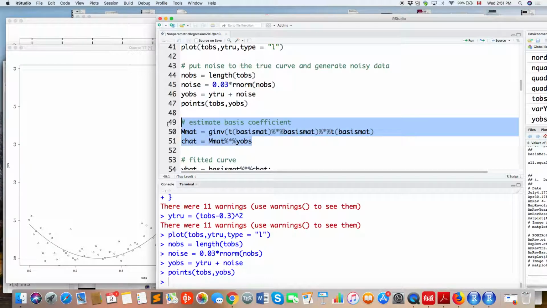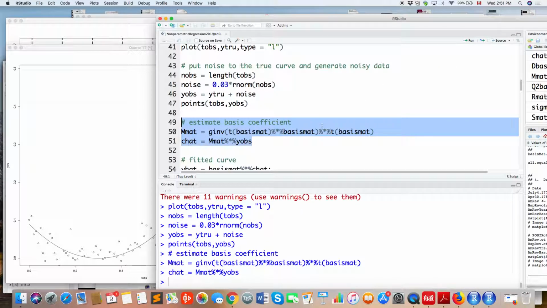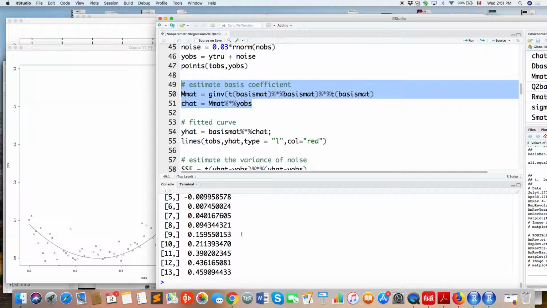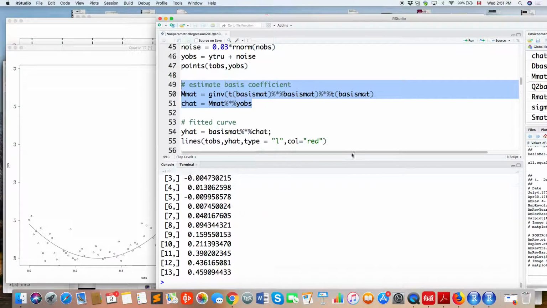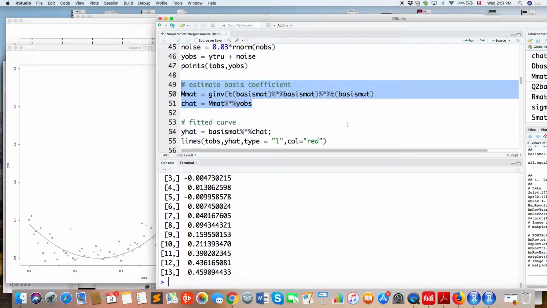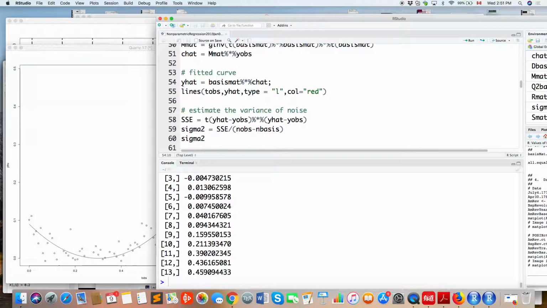So this will be the coefficient C hat. This C hat will be a length 13 vector that represents the coefficients of each basis function. And then we can get the fitted curve: we just use phi times the C hat to get the Y hat.